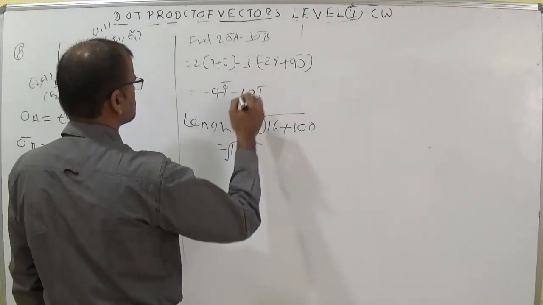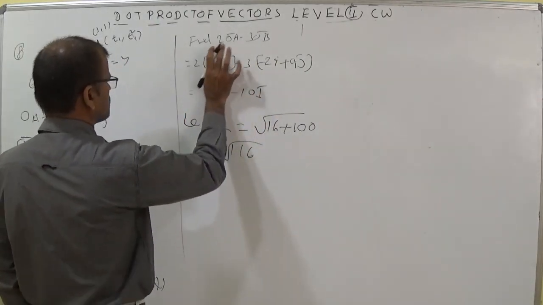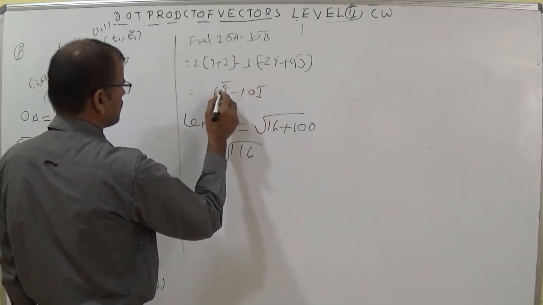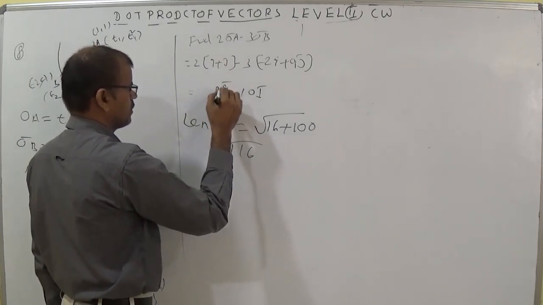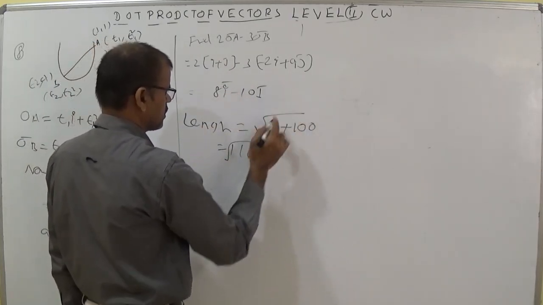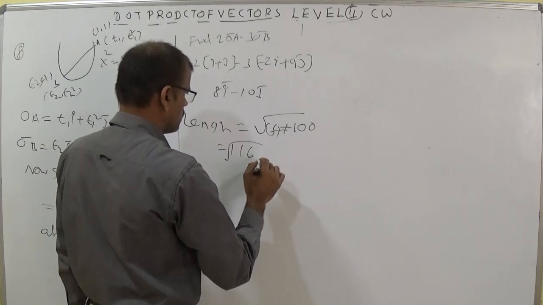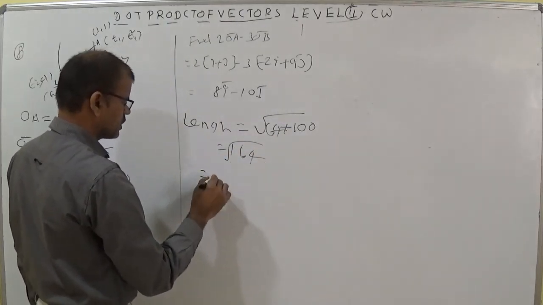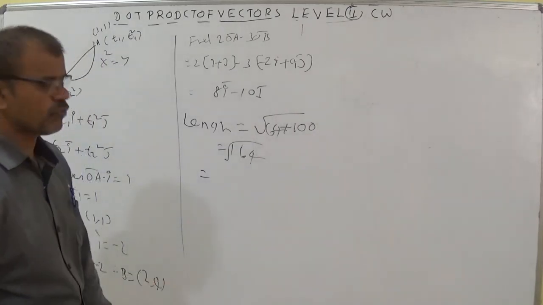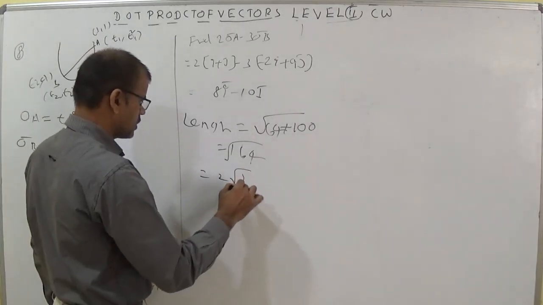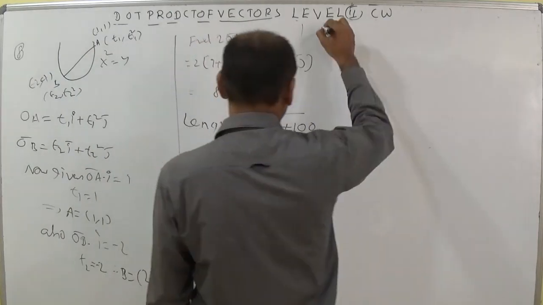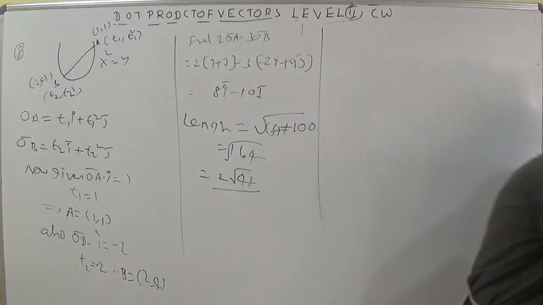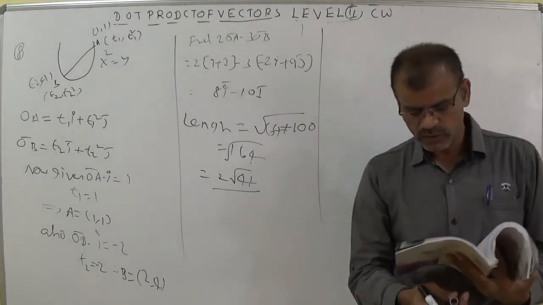Minus 2, so 2i plus 6, you can write here 8i. So not 16 here, 64. 64 plus 100 is 164. 4 fours are 16, so you can write here 2 root 41. 2 root 41 is the correct option. The correct option is 2 root 41, the fourth one.